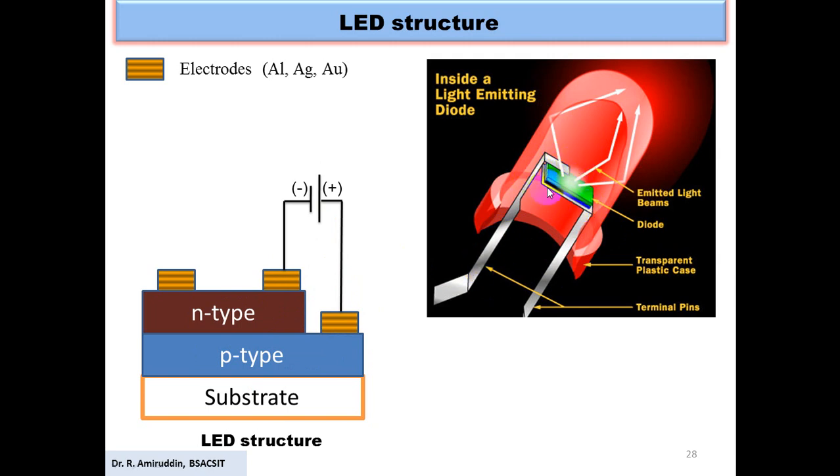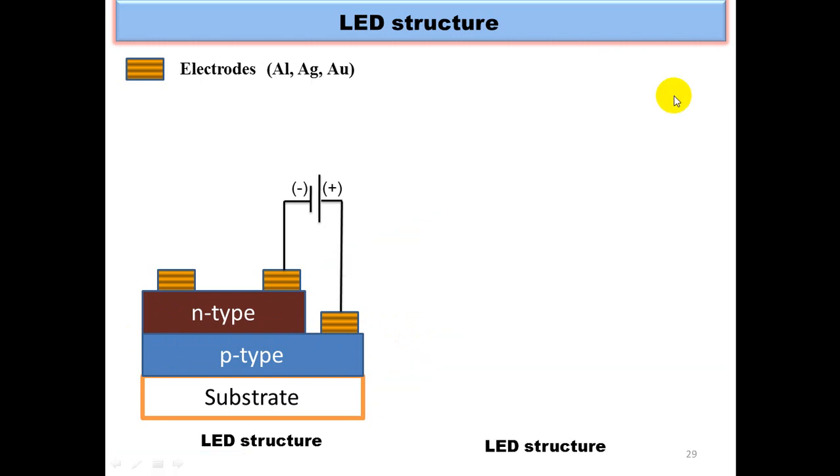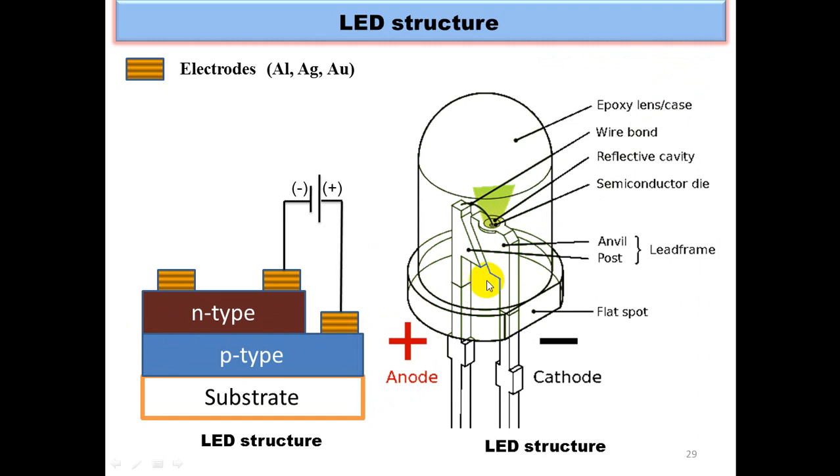One is positive and one is negative, and this is what you can see in a typical LED structure. Under a particular voltage, the electrons and holes recombine with each other inside this depletion region, and thereby we get light as an output. So this is an alternative view of the LED structure.